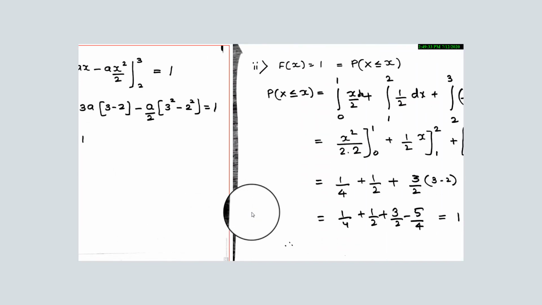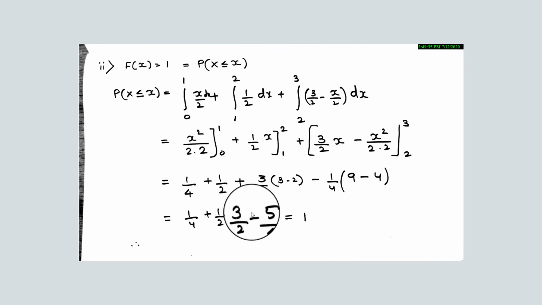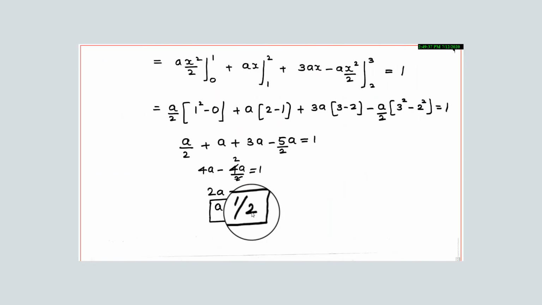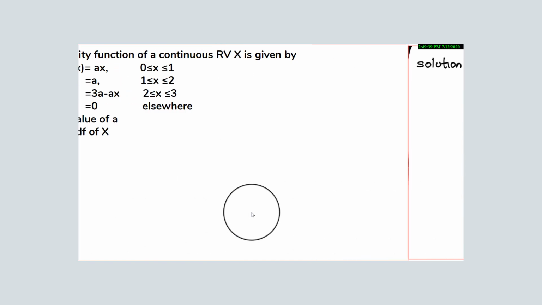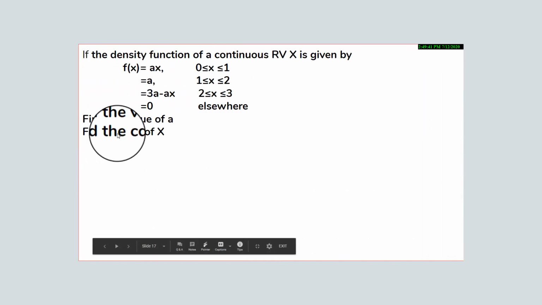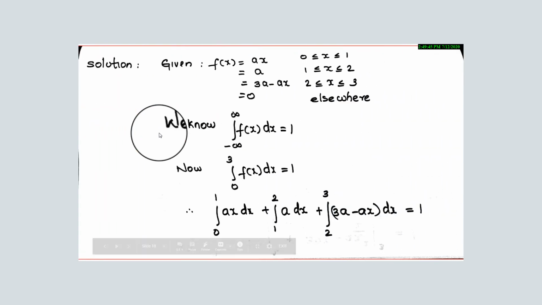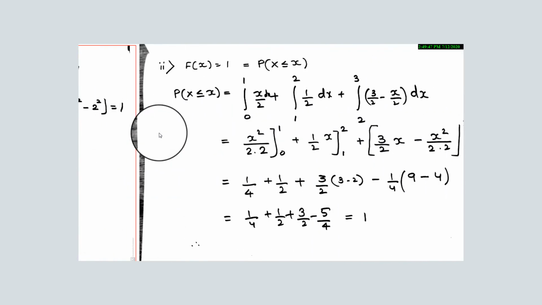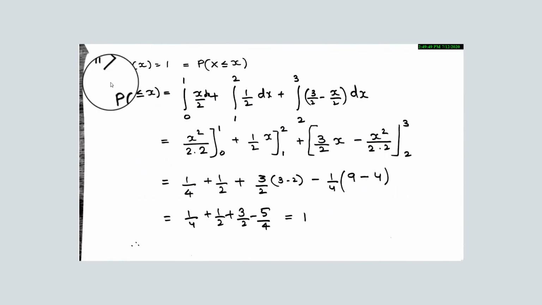Next step, what does it say in the question? It says find the CDF of x. So how do I find the CDF of x? Cumulative distribution function is given as F(x), or in terms of probability we can write it as P of X less than or equal to x.